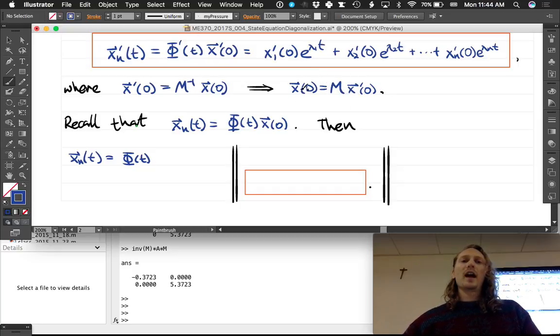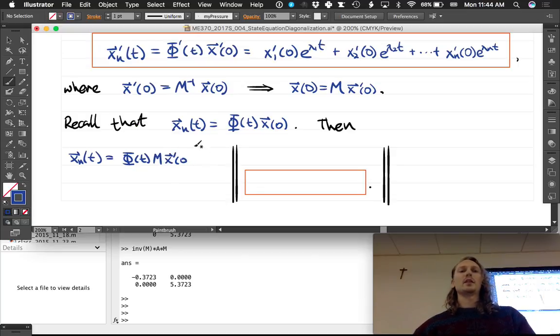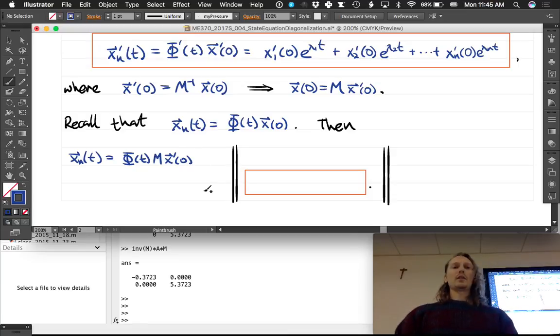I'm going to say x of 0, the initial condition in the unprimed coordinates, is just equal to m times x prime of 0. That's just a transformation of the basis of the initial condition, right?